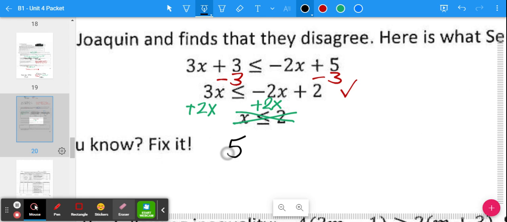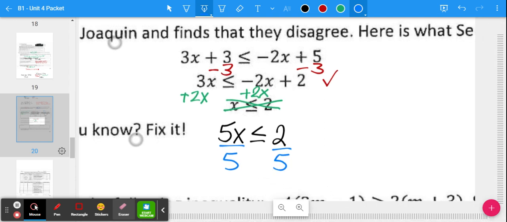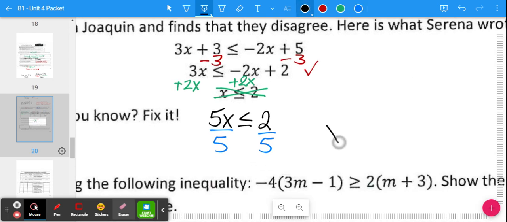So what they should have had is 5x is less than or equal to 2. So when you divide by 5 on both sides, you can either leave it as a fraction, 2/5, or you can say x is less than or equal to 0.4. They are the same thing. So Serena was incorrect here because she combined like terms when they were on different sides of the inequality.